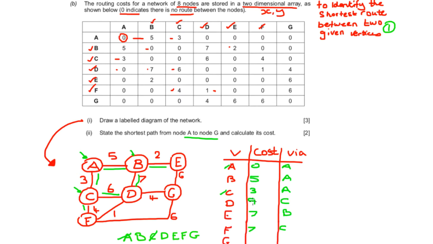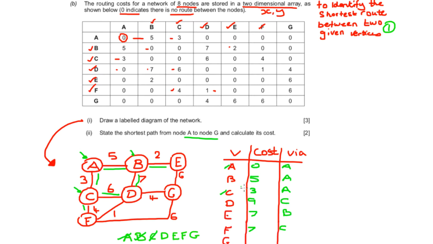I already have 9 in my list, so therefore I wouldn't put a greater cost down, so I leave D as it is.